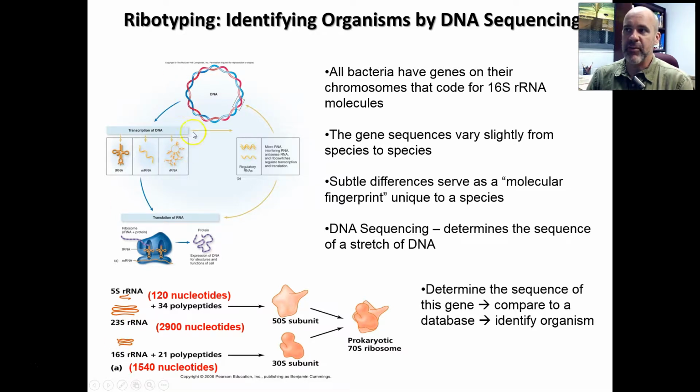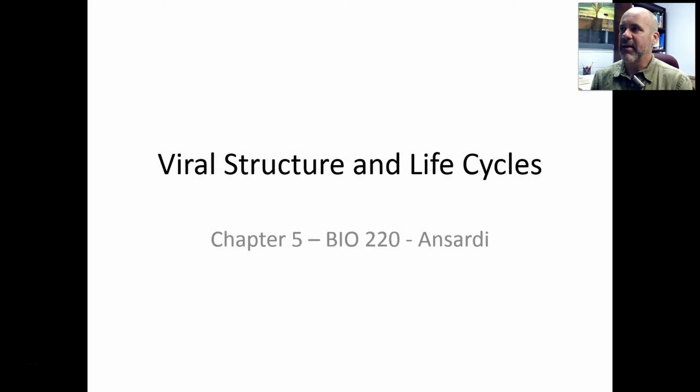So these RNAs are made through transcription. There's a ribosomal RNA molecule there. So really the sequencing is being done on the DNA version of the gene that codes for your 16S ribosomal RNA in bacteria. So just be familiar with that as well. Ribotyping is a method that's ultimately going to be used to help us identify organisms that are causing problems for patients and other applications as well.